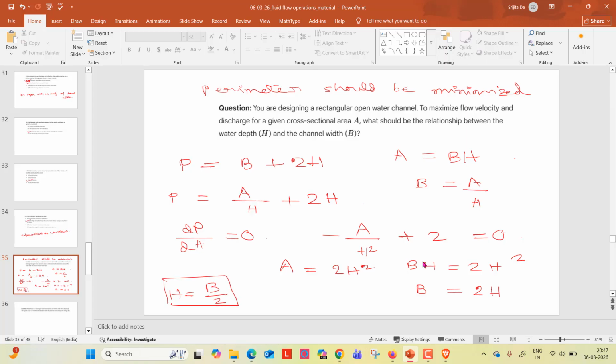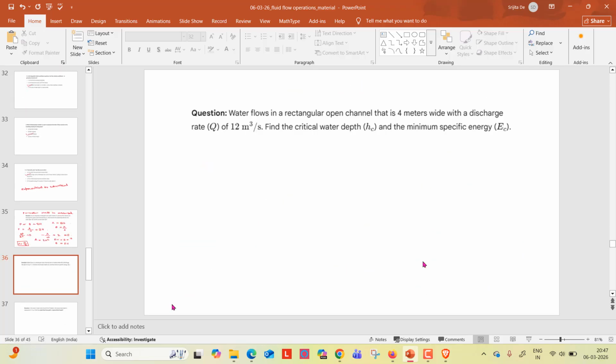Next, water flows in a rectangular open channel that is 4 meters wide with a discharge rate, find the critical water depth and the minimum specific energy EC.